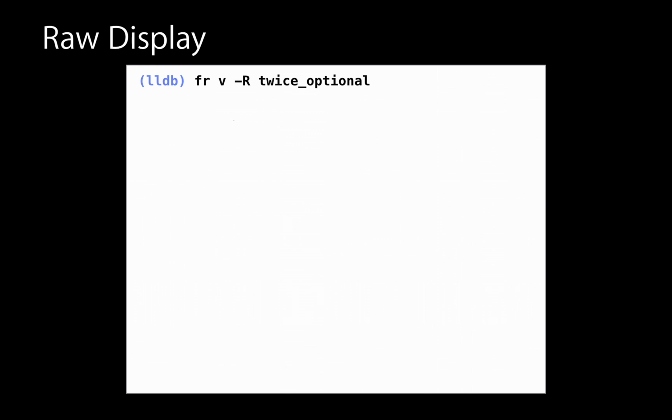In those cases, you want to look at your data, but you don't want to be running code that could change the state of your app as you look at data. You can use the frame variable command to say, show me one variable, show me a bunch of variables, show me all my locals, without having to execute code. And that is the frame variable command. If you also pass it the -R option, you get the raw display. You get things for what they really are under the covers.